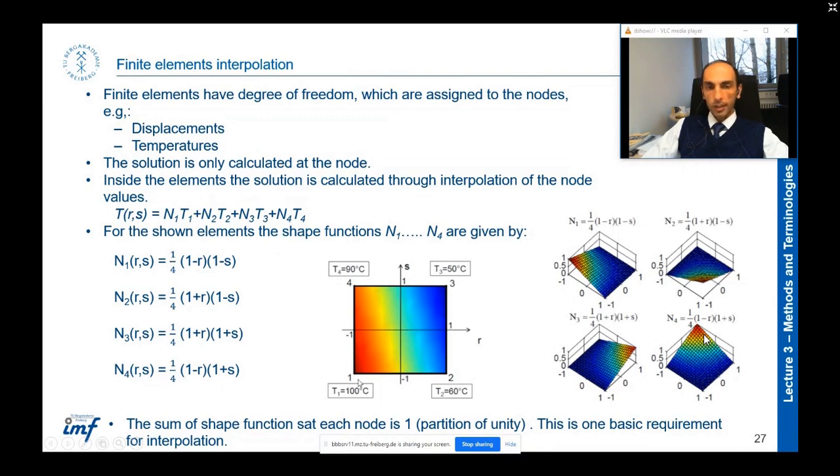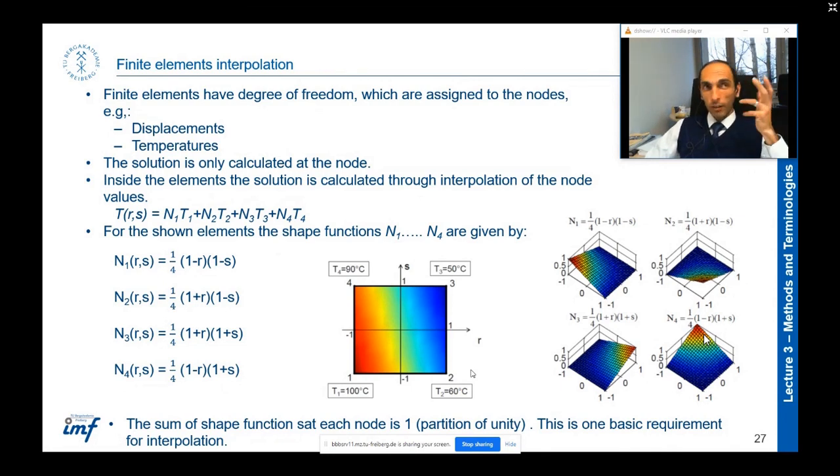You will find the same result. But in between, if you give some value here, for example, minus 0.5 for R and 1 for S, then you can obtain the value here, which is a combination of these 4 values for these 4 nodes. It's a kind of interpolation, a bilinear interpolation in the case of 2D.